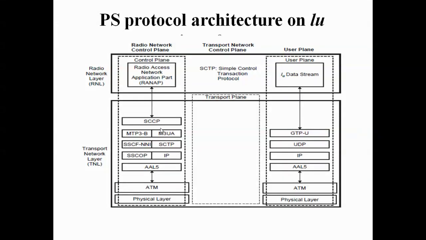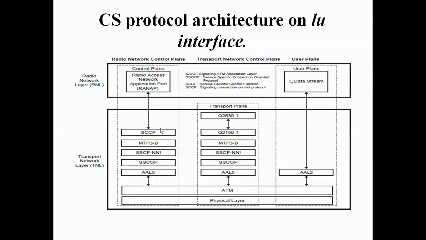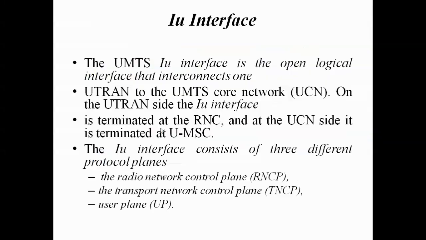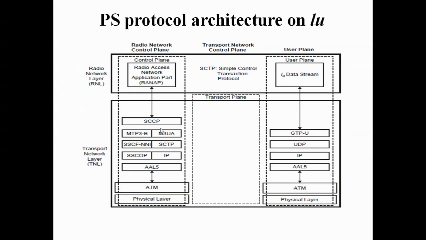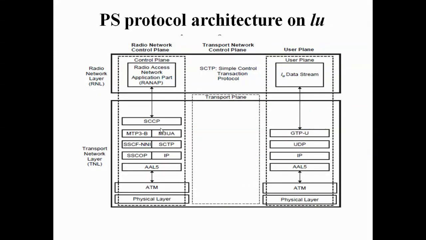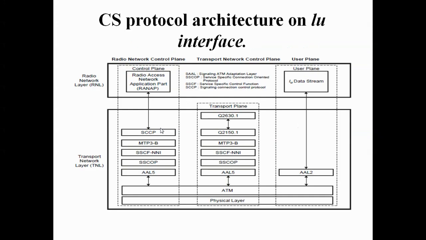When we compare the packet switched and circuit switched protocols, the major variation we can notice is in the transport network layer. This is the PS protocol and this is the CS protocol. When we look into the transport network layer in the PS protocol, nothing is there in the transport plane, but in the circuit switched protocol, under the transport plane, many sublayers are there.